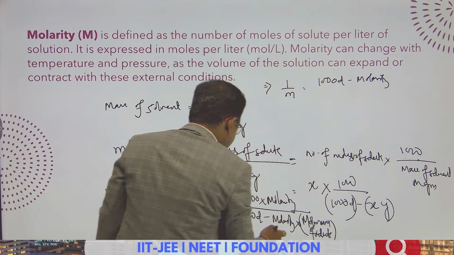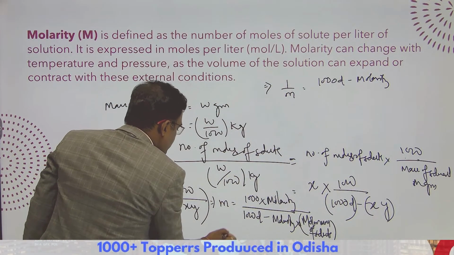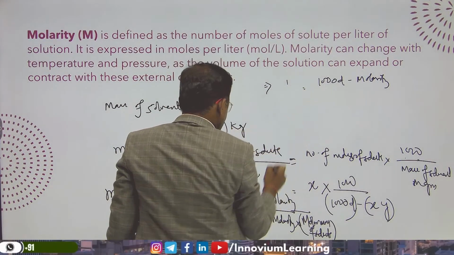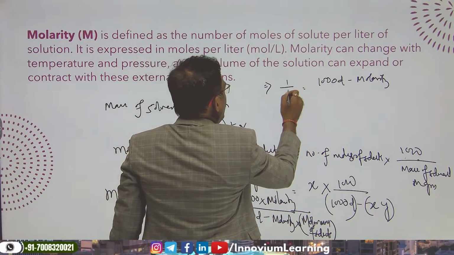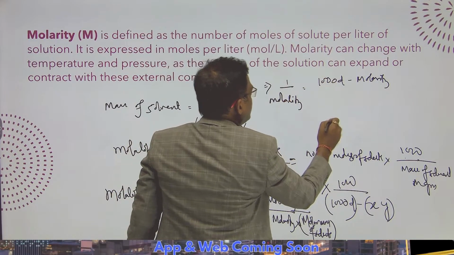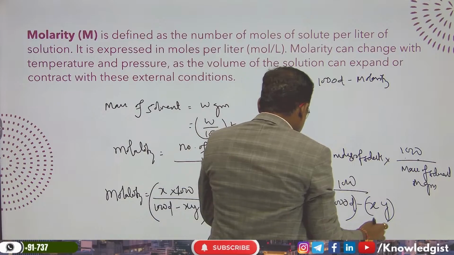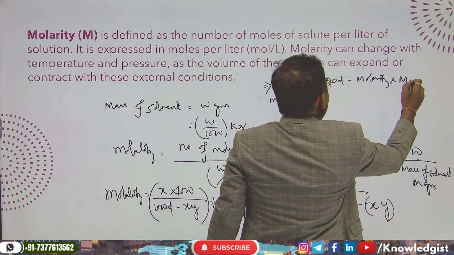And this is molality. In fact, this 1 by m means this m is molality, correct? So you can consider this one as 1 by molality is equal to 1000 into D minus molarity into molar mass of solute.